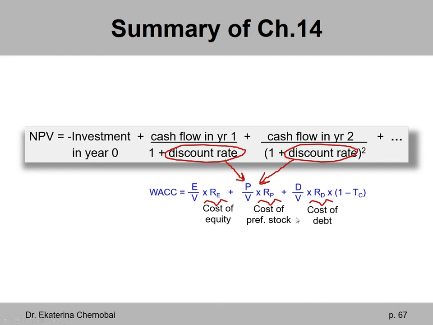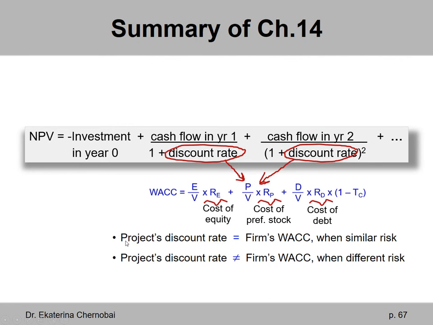So we were basically saying that whatever it costs the firm every year to pay back to the investors that bought its common stock shares, preferred stock shares, and bonds, that sort of average or weighted average cost is the minimum that the discount rate should equal. Otherwise, the project would not be generating enough money to pay the expenses to the investors in the firm.